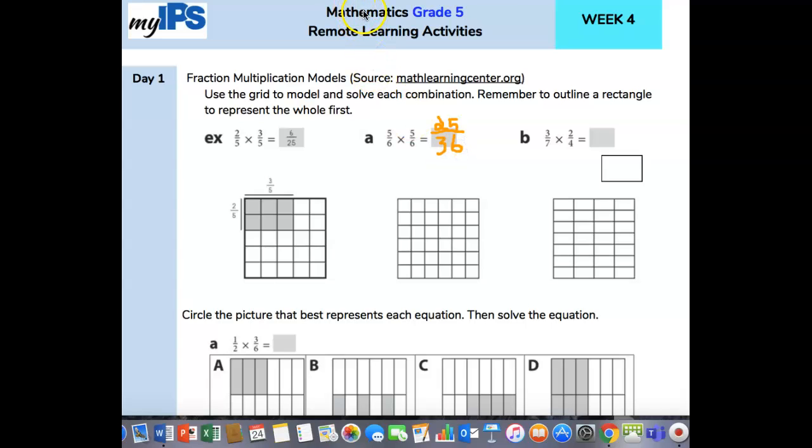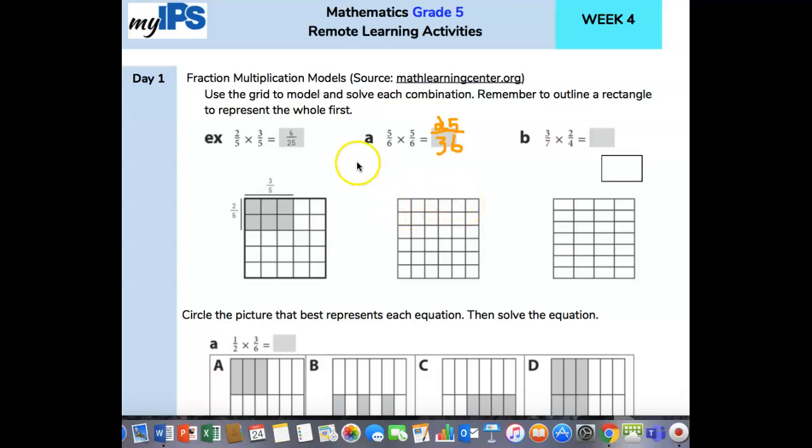So I'm going to go up here and change to highlighter. And I'm going to show you 5/6. So here's 1, 2, 3, 4, 5, 6. Okay? 5/6 of that is 1, 2, 3, 4, 5. So we're going to shade that 5 across.